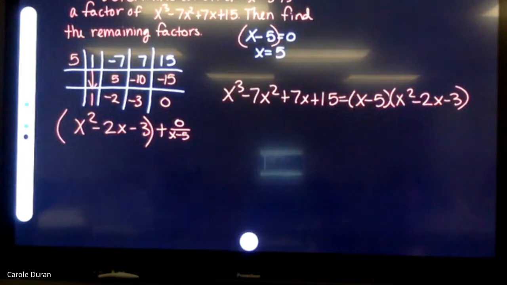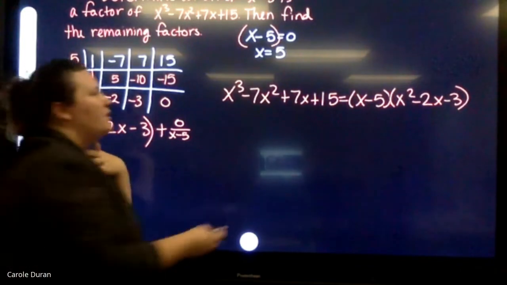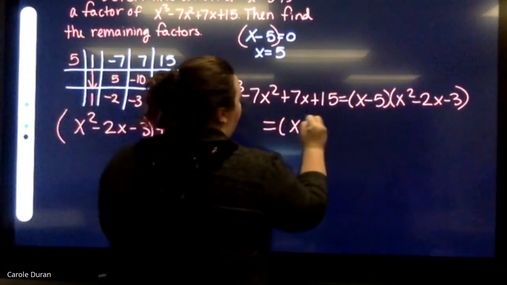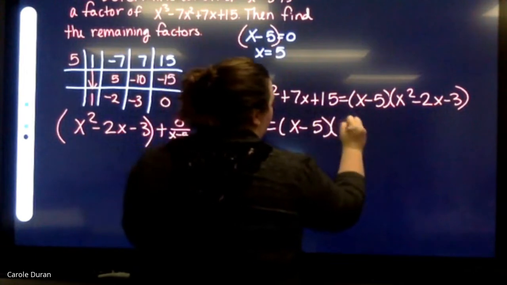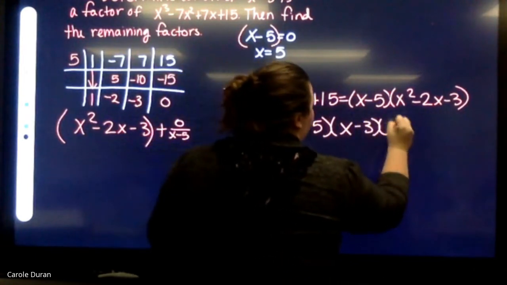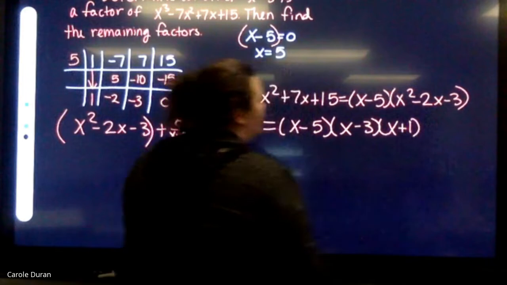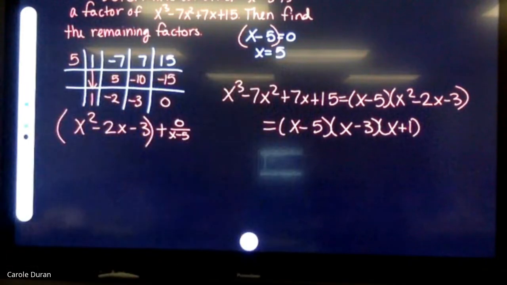Are there any numbers that multiply to get -3 but add to get -2? -3 and +1, right? So when I finish factoring it, I have the x minus 5 that I divided out, and then the x minus 3 and x plus 1 that factored from the x squared minus 2x minus 3.